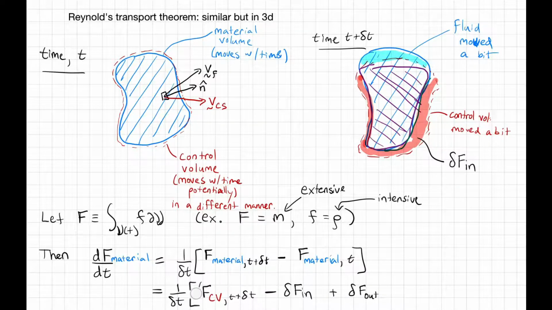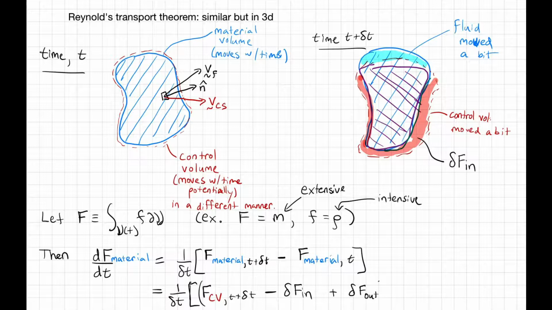So once I do that addition and subtraction of the portion that flowed in and out of the control volume, that accounts for the total term, F material at t plus delta t. It's what's inside the control volume minus whatever had flowed in. That portion traces out the red region. And then I need to add back whatever had flowed out, because that was in the blue region, but it doesn't appear inside the red region.